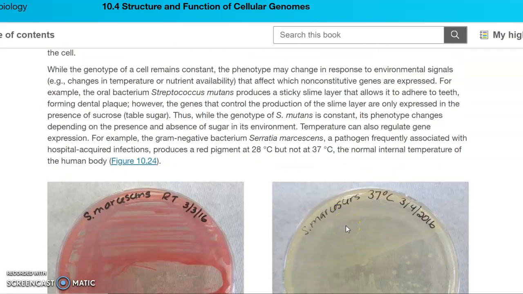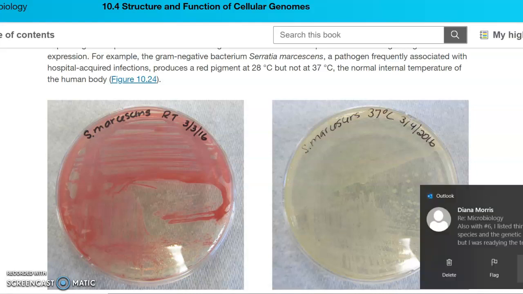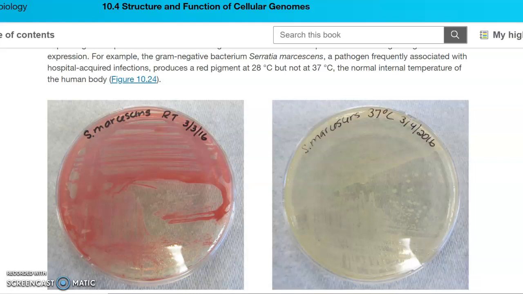An example of that is Serratia marcescens. This is a pathogen. We at once thought that it was not pathogenic, but we now realize that it's a pathogenic bacterium, and when it is grown at 28 degrees, it produces a red pigment. When it's grown at 37 degrees, it doesn't.